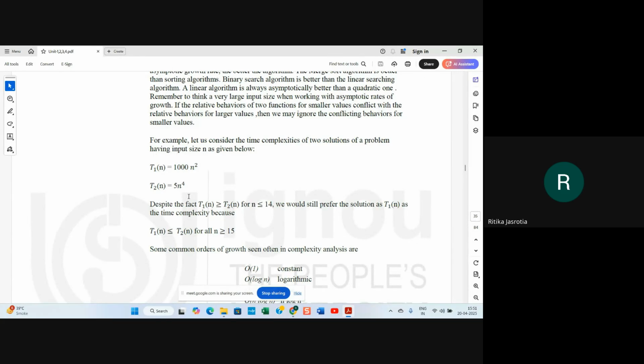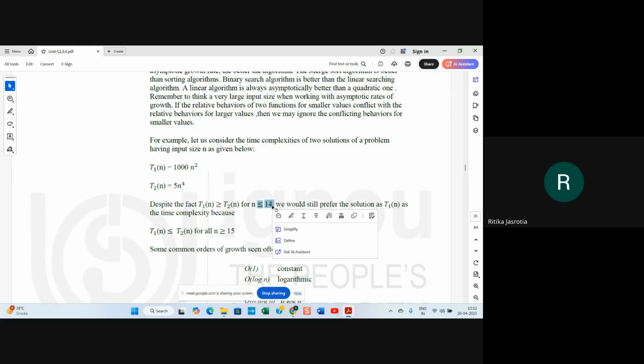What they are saying is, T1 is 1000 n square, and T2 is 5 n to the power 4. Despite the fact that T1(n) is greater than T2(n) for n less than or equal to 14, we should still prefer T1(n) as the time complexity, because T1(n) will be less than T2(n) for all n greater than or equal to 15.